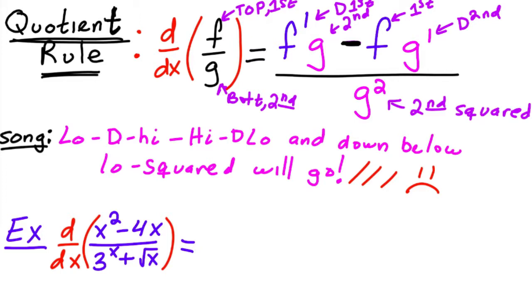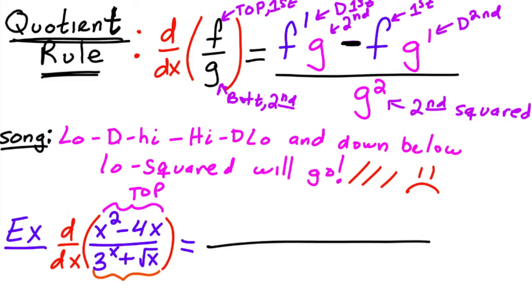I'm going to color the top in this pinkish color, and the bottom in orange. Remember, if you just remember to get the derivative of the top first, then you'll always be good to go.